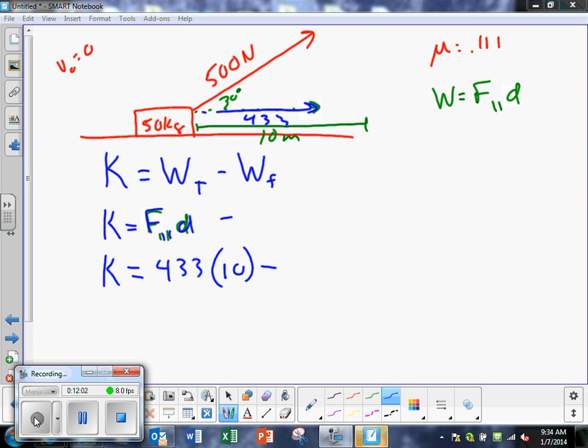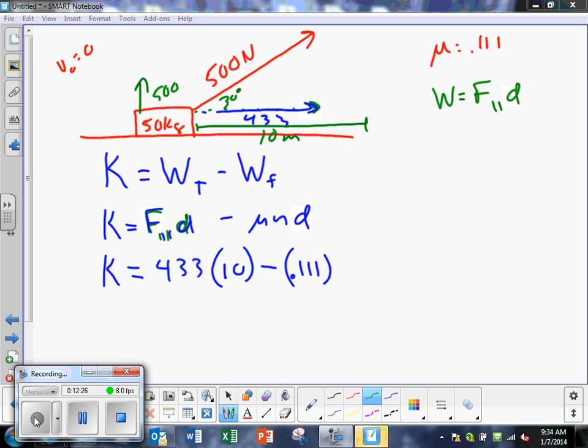So the friction would be mu N d. In this case mu is 0.111. But the normal here isn't the 500, right? Because the tension is pulling up on that box.